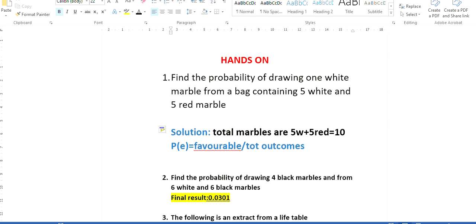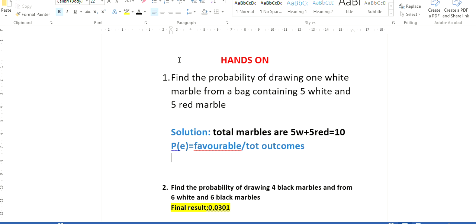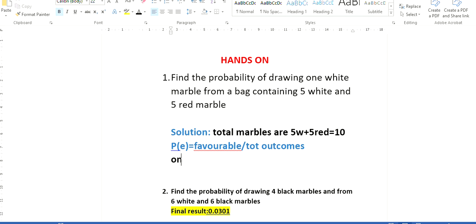This is the formula that we taught. Now apply the formula below. Our aim is to find the probability of drawing one white marble. Substitute now: how many total marbles are there? 10. How many whites are there? 5 white marbles.